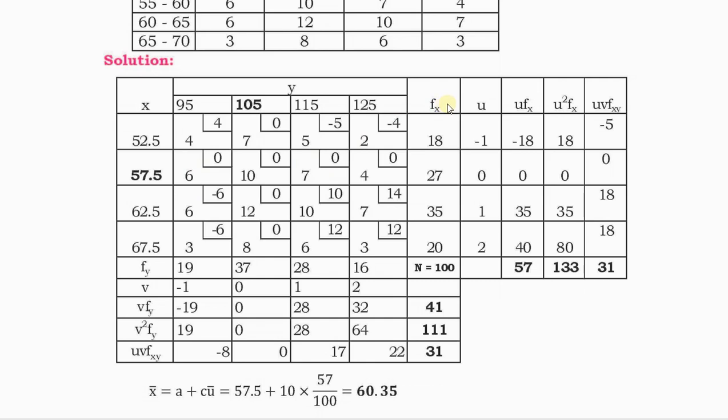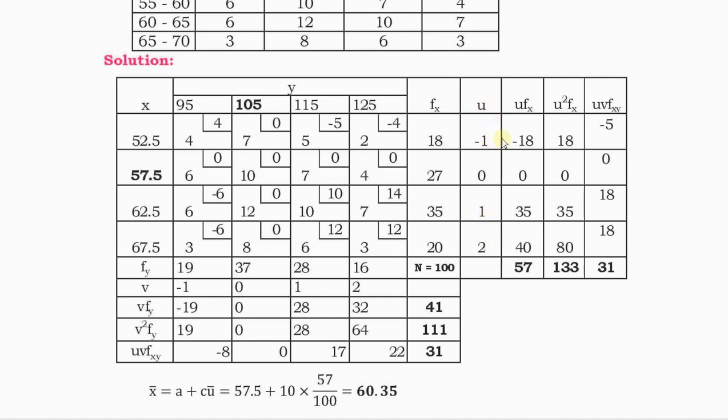So 52.5 minus 57.5 is minus 5. Minus 5 divided by 5 is minus 1. Next one will be 0. Next 62.5 minus 57.5 is 5. So 5 divided by 5 is 1. Next 67.5 minus 57.5 is 10. 10 divided by 5 is 2.